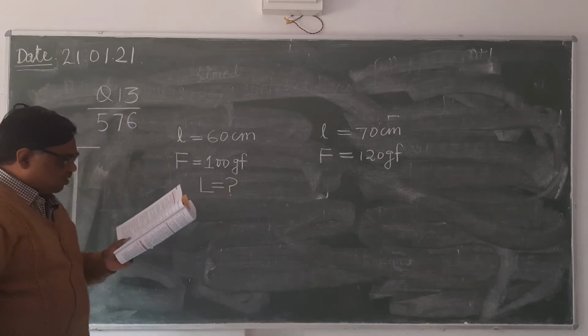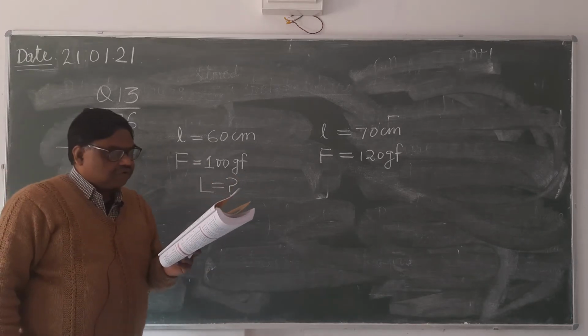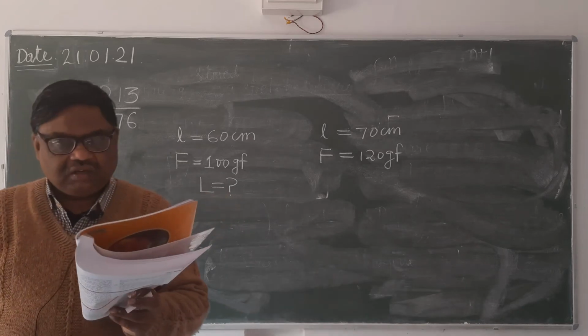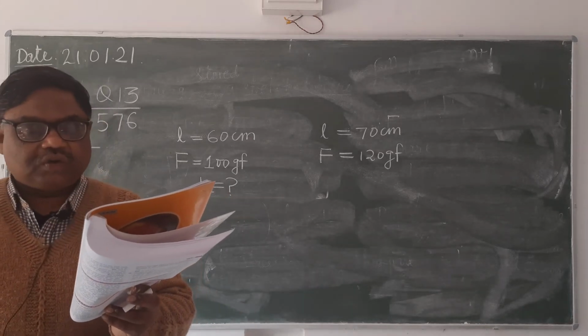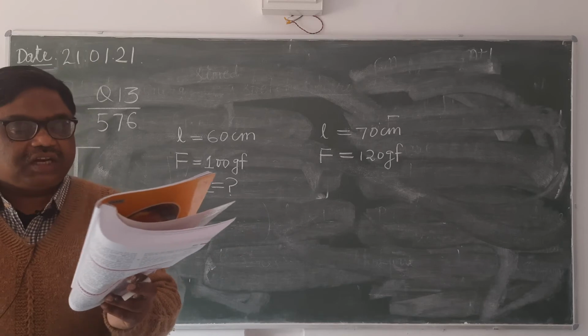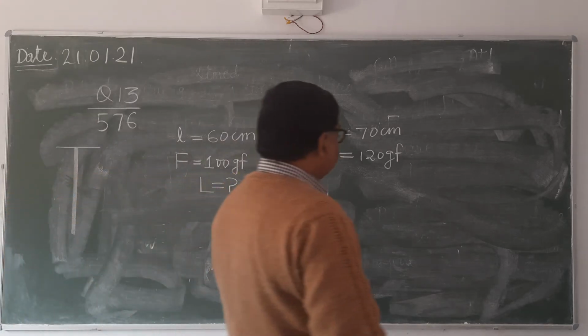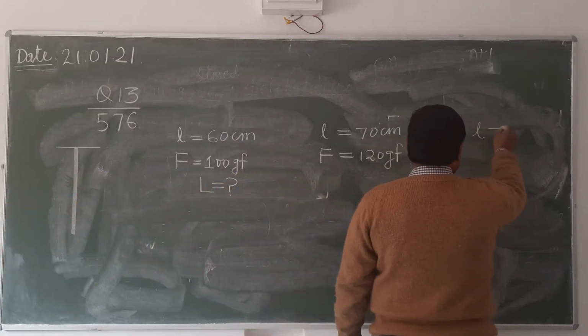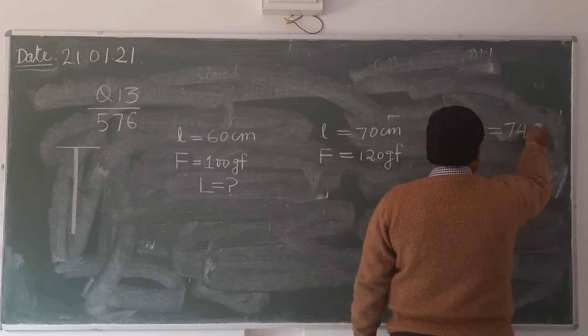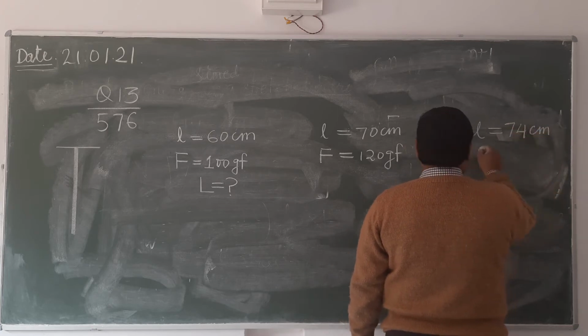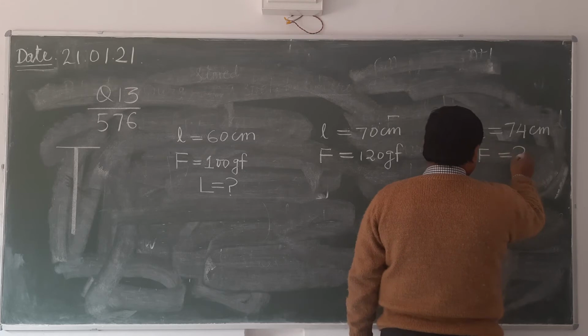And calculate the initial length of the cord and also calculate the weight under which the length of the cord will become 74 centimeter. That length increasing by 74 centimeter, you have to find that weight.